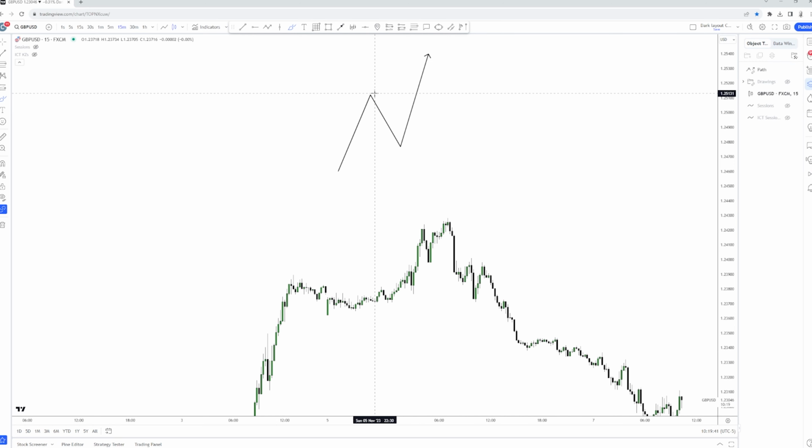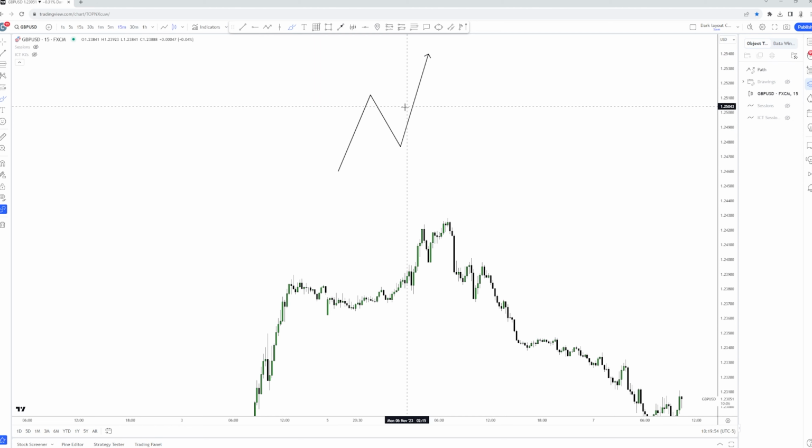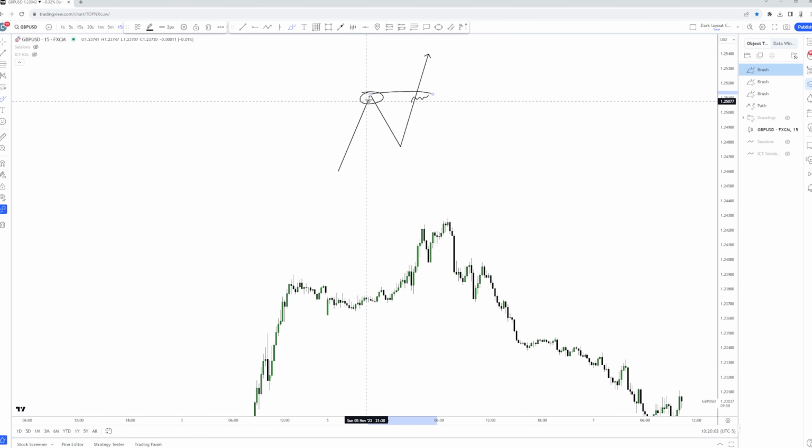You can call it an order block. Here you will be having an order block. If there is no reaction at all from this area, then this becomes your breaker block.